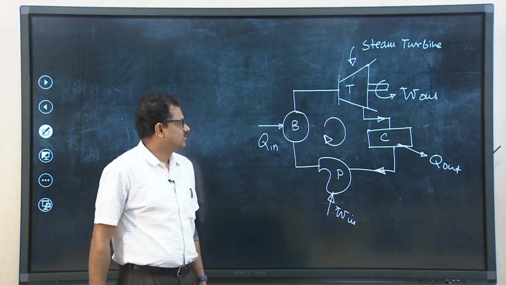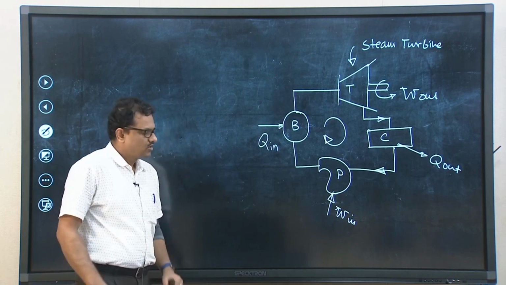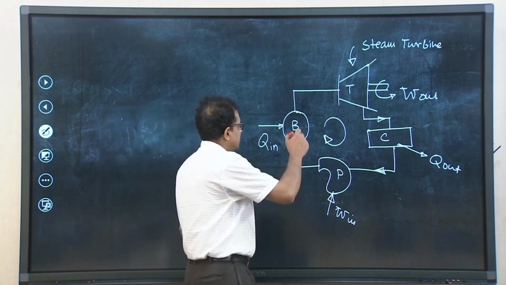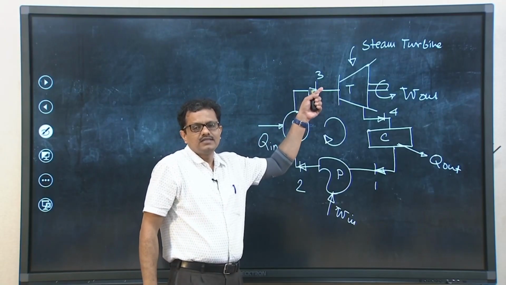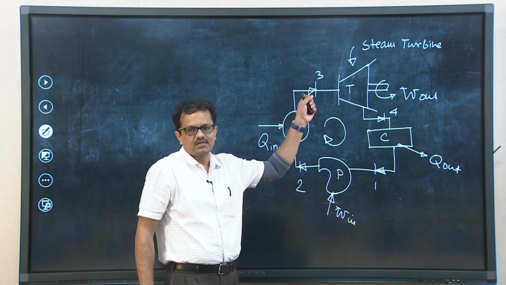So, let us discuss this aspect today. Say this is 1, this is 2, this is 3 and this is 4. Steam at state point 3 is at high pressure and high temperature.